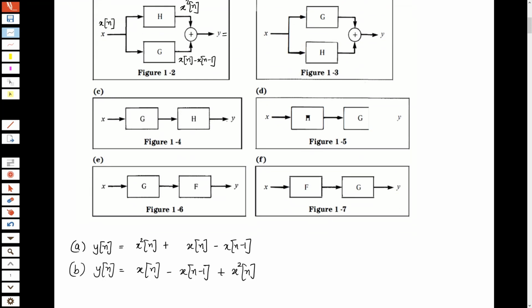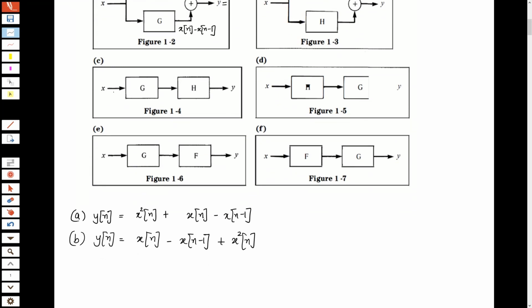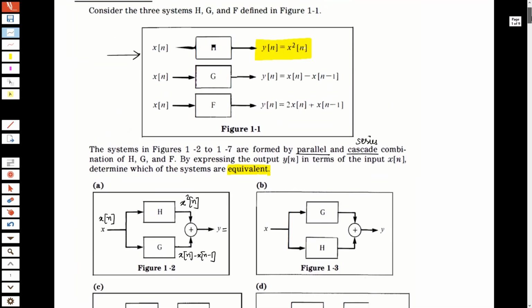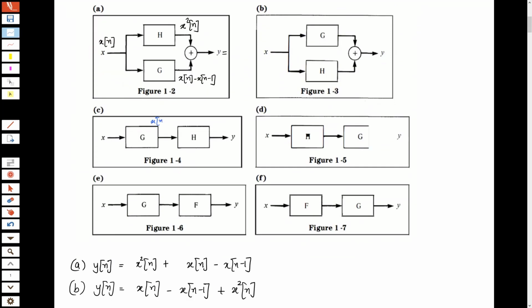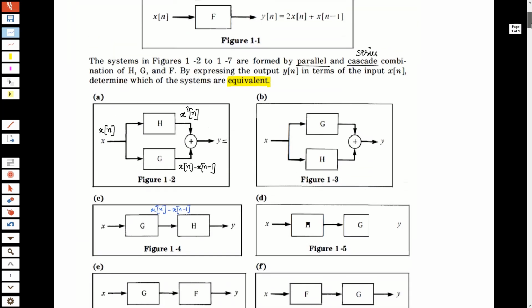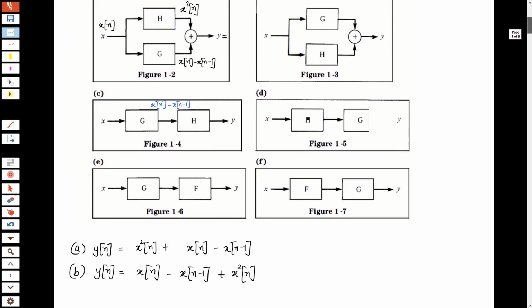Now in part C, we have x as the input to G. So if x is the input to G, what would be the output of G? x[n] minus x[n minus 1]. Okay, x[n] minus x[n minus 1]. And now when this is the new input to a function H, which simply does the square of this, you would get x[n] minus x[n minus 1], the whole square.